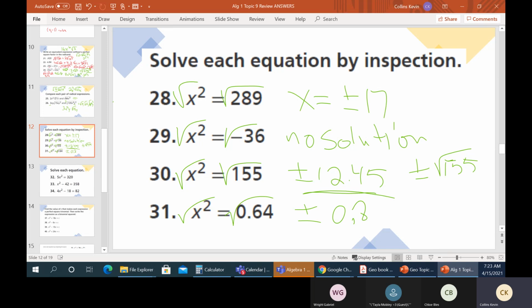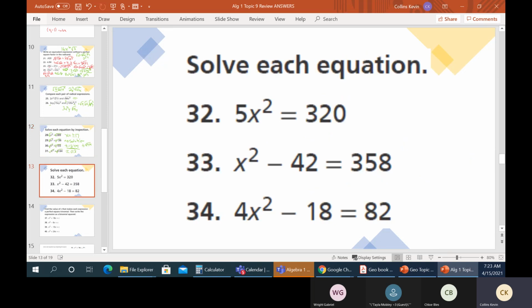Okay, so let's check out the next one real quick. This has got 5x squared equals 320. Well, if it was 5x equals 320, everybody would say we're just going to divide by 5, right? So divide here by 5.